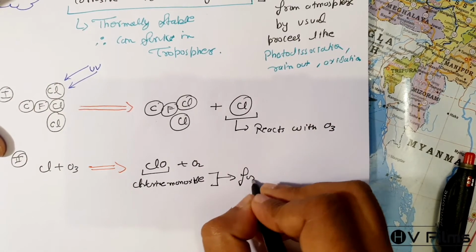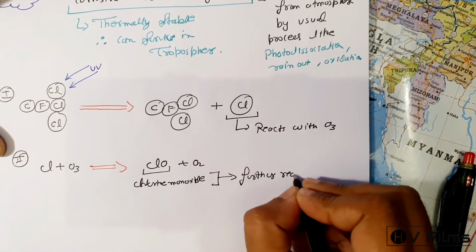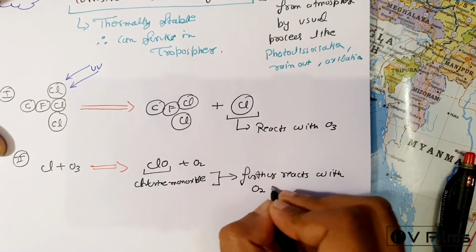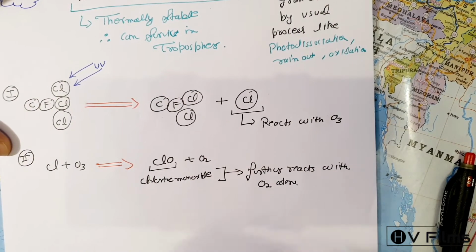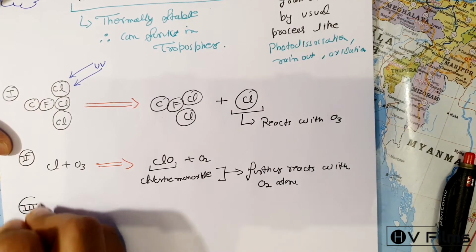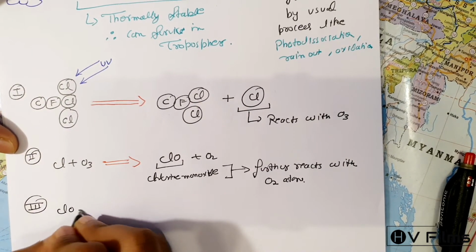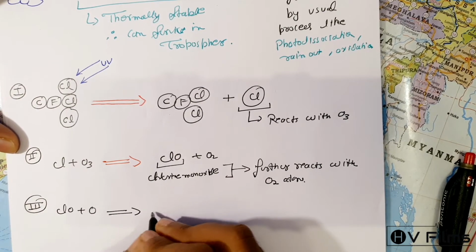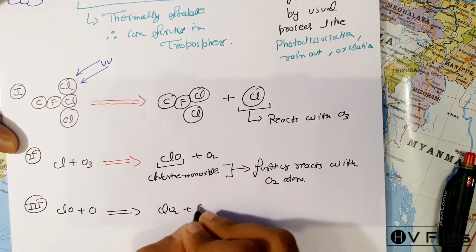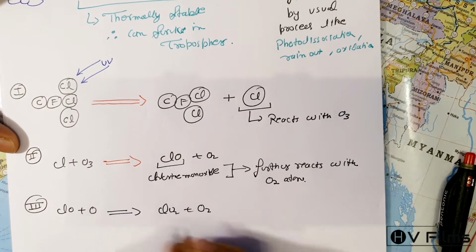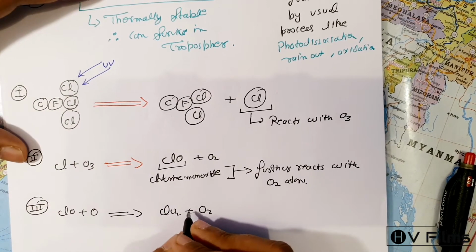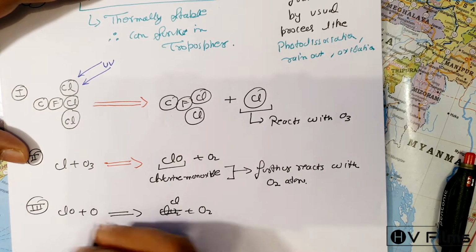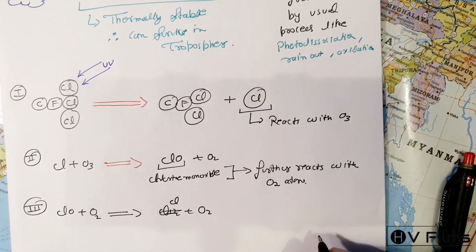So in the third step, ClO plus O results in Cl plus O2.